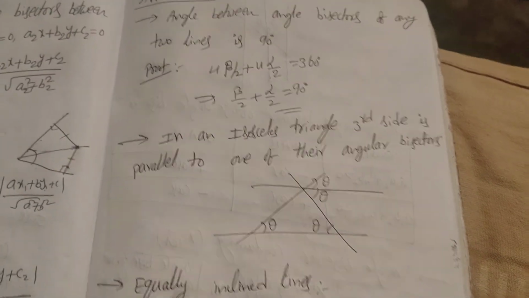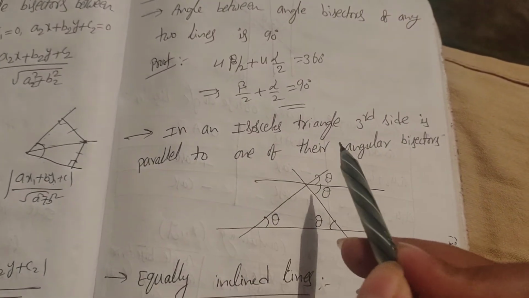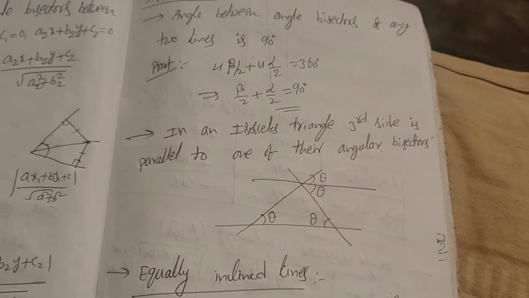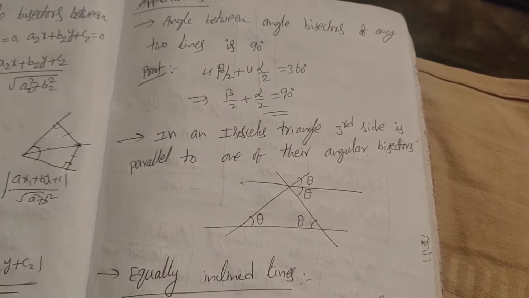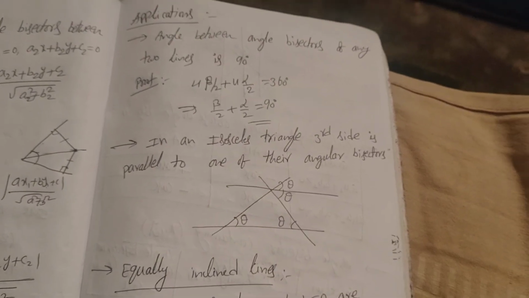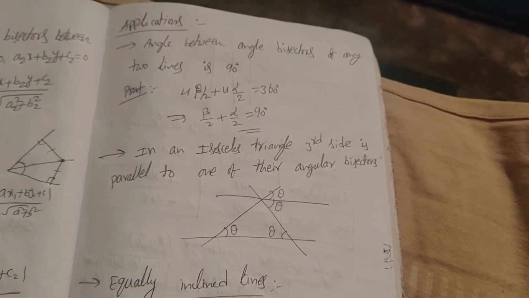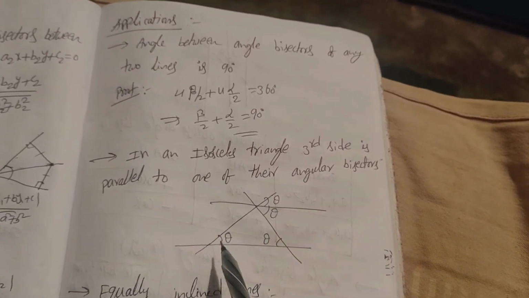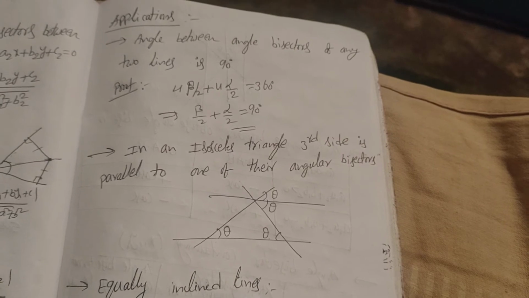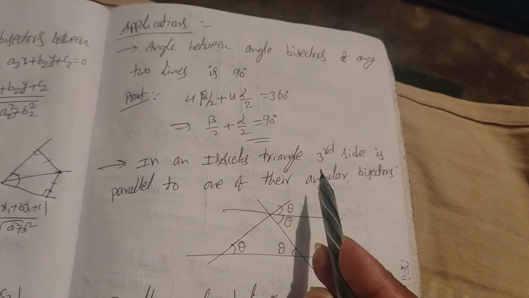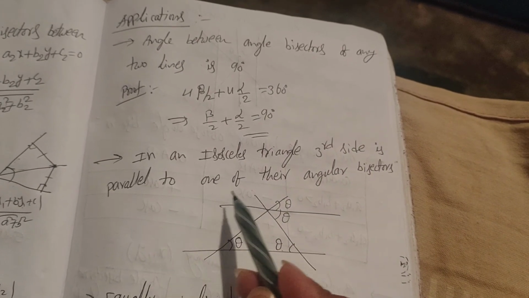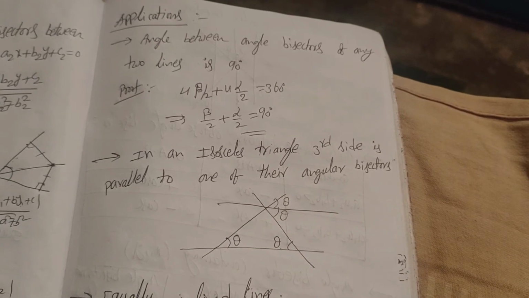So the second application: in an isosceles triangle, the third side is parallel to one of the angular bisectors. For suppose we go for an isosceles triangle. Isosceles triangle means base angles are equal. So in an isosceles triangle, the third side is parallel to one of their angular bisectors.